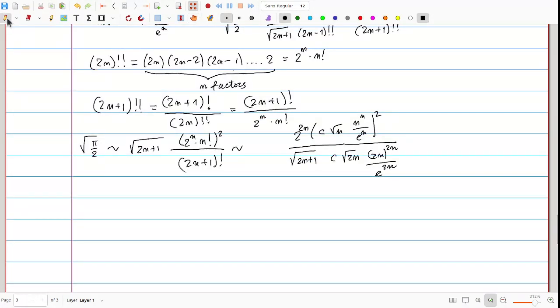Now this is equal to, okay, so you see here that 2 to the power 2n cancels with this one, okay, and so we have C squared, n to the power n, 2n, and below we have e, but also this e cancels, so we are left with, here we have square root 2n plus 1, we have C, again square root of 2n, and n to the power 2n.